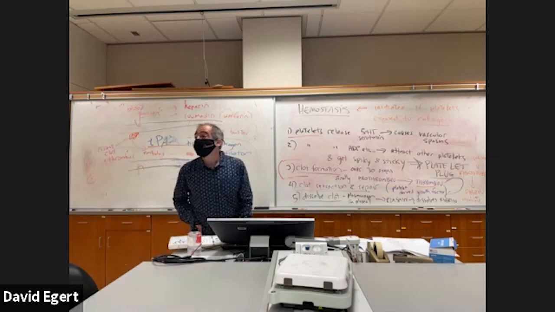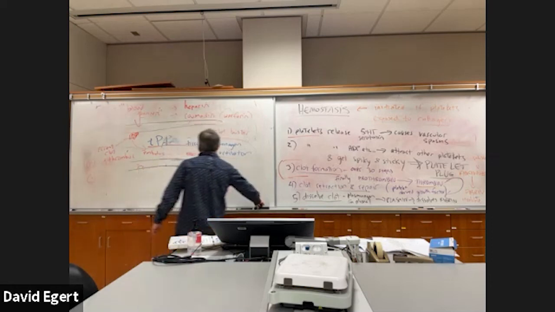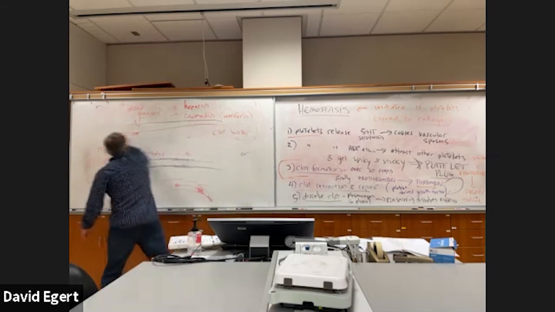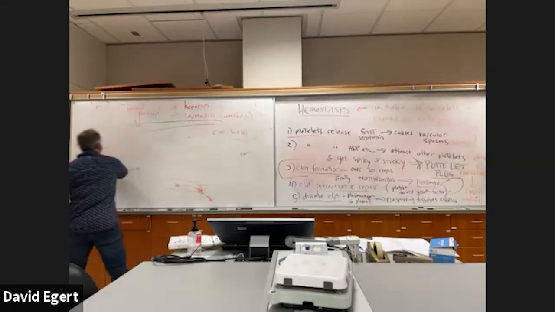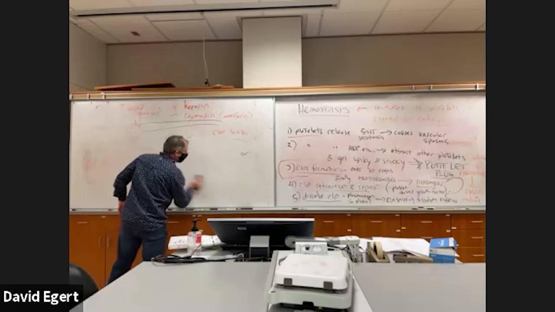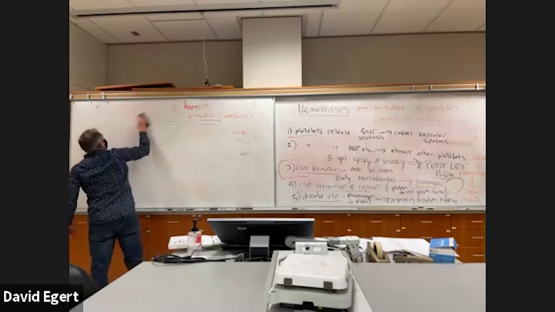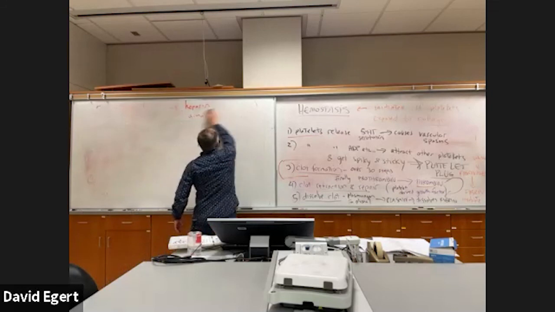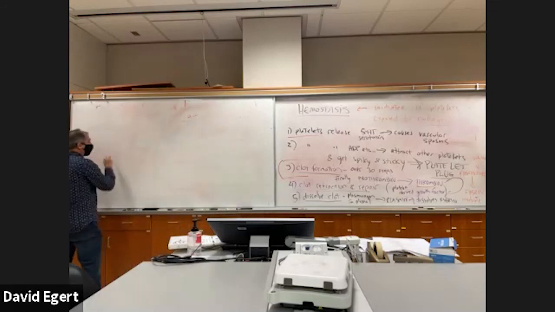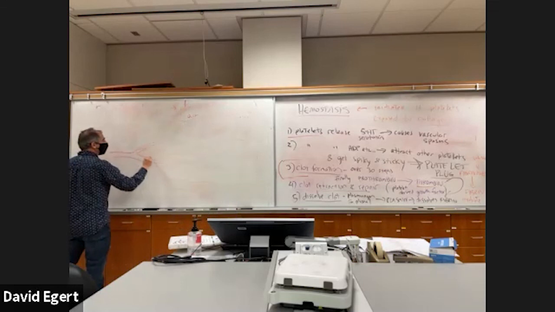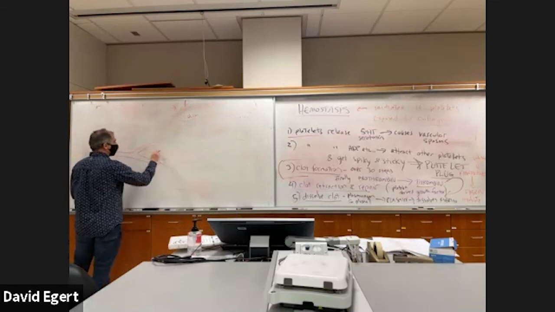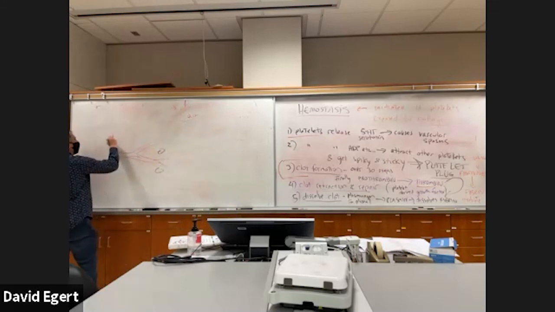When I was talking about local autoregulation of blood flow, we talked about the blood going into some region of your body. Low O2 is going to increase vasodilation, increase the flow.